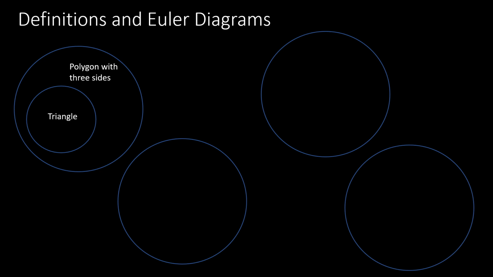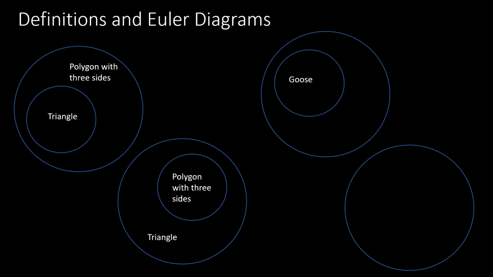Notice if we switch those and write a converse, we can say if it is a polygon with 3 sides, then it is a triangle. Here, we can switch our A and B, or our hypothesis and conclusion, but we can actually still see that they mean the same thing. So we have a definition.